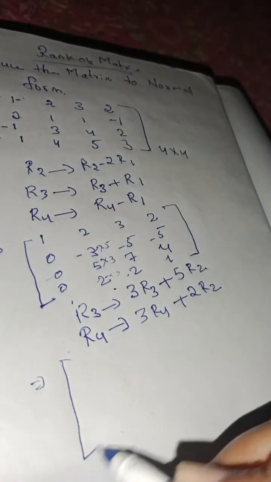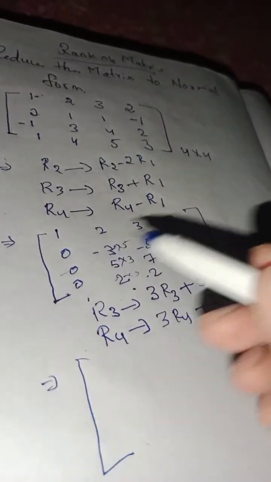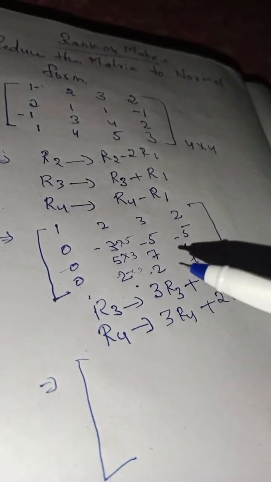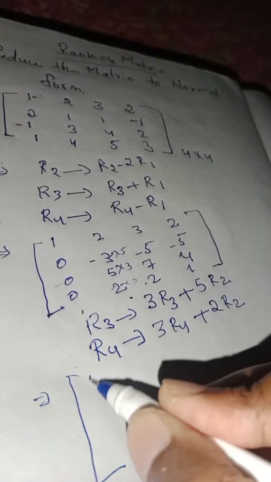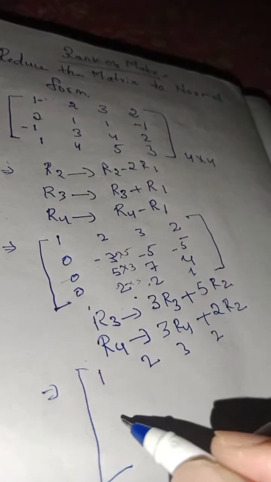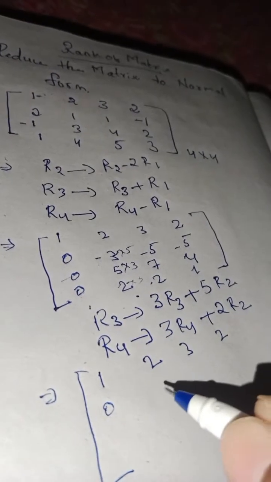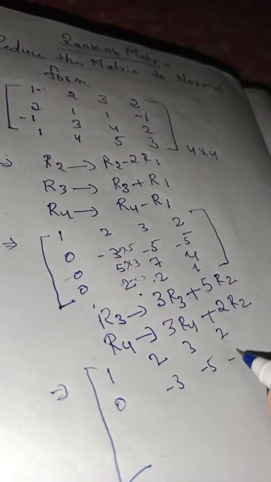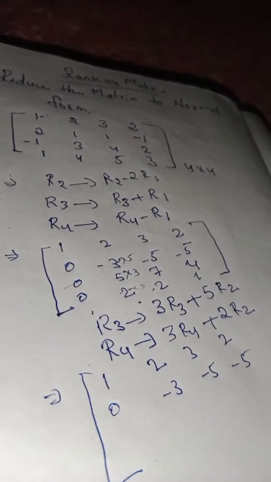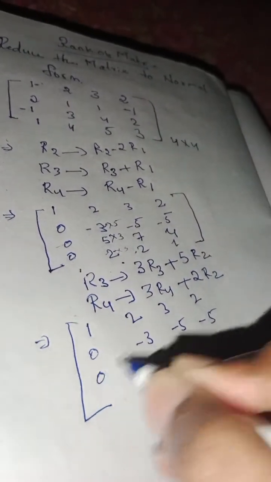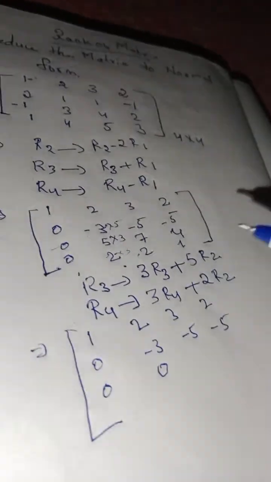So what I'm going to do now, I'm going to write row 1 and row 2 as it is, because we have performed row operations for R3 and R4, right? So first and second row should be written as it is. 0, minus 3, minus 5 and minus 5. So next 0, 0.